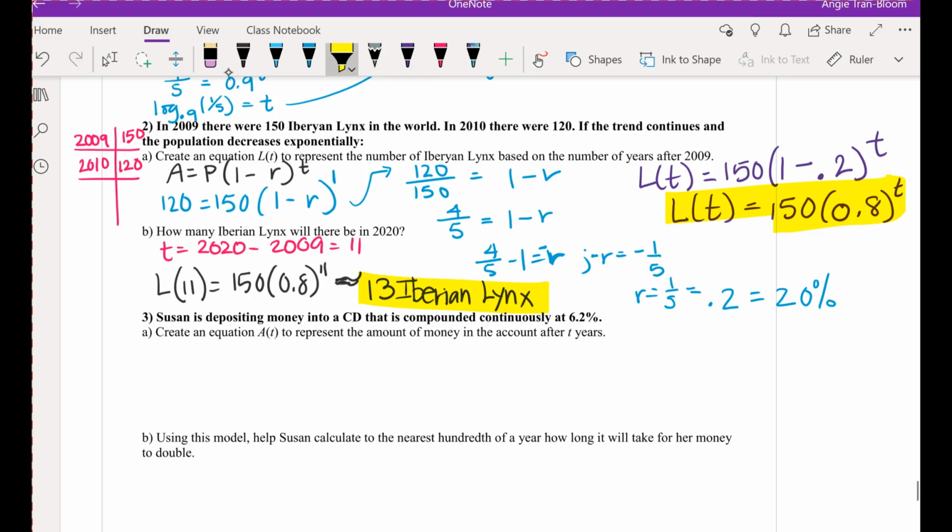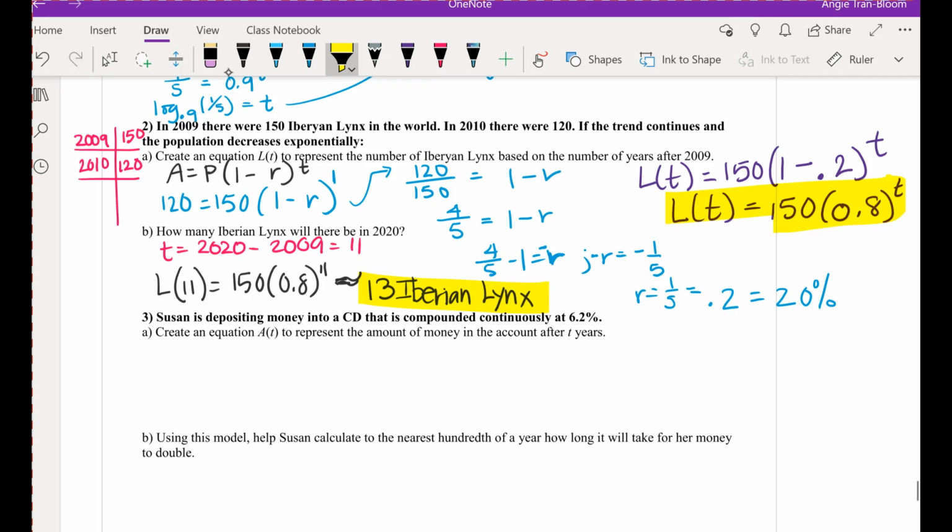I'm just going to use the normal math rounding rule. This is also using the wavy equal sign, about. So if you write 12.88 and you decided to round it down to 12, as long as you have the decimal in there, I'm going to be okay with that. Like I said, I'm just going to use the math rounding rule. That's why I said about. So it's not an exact number.